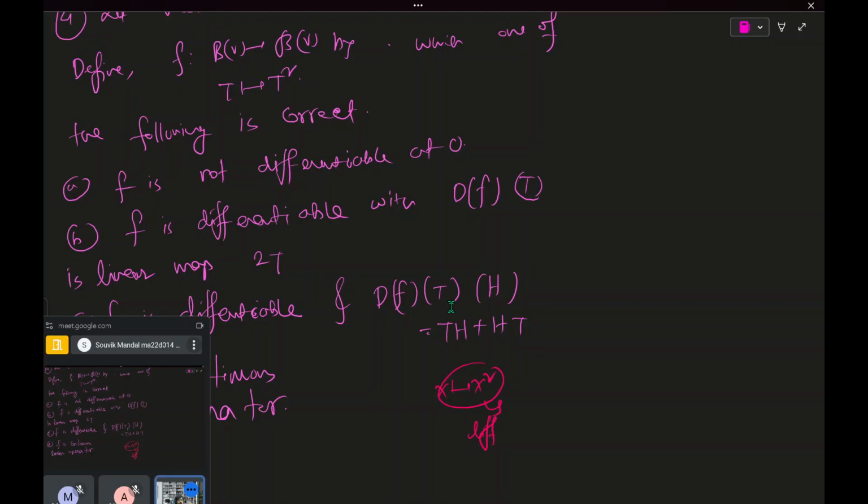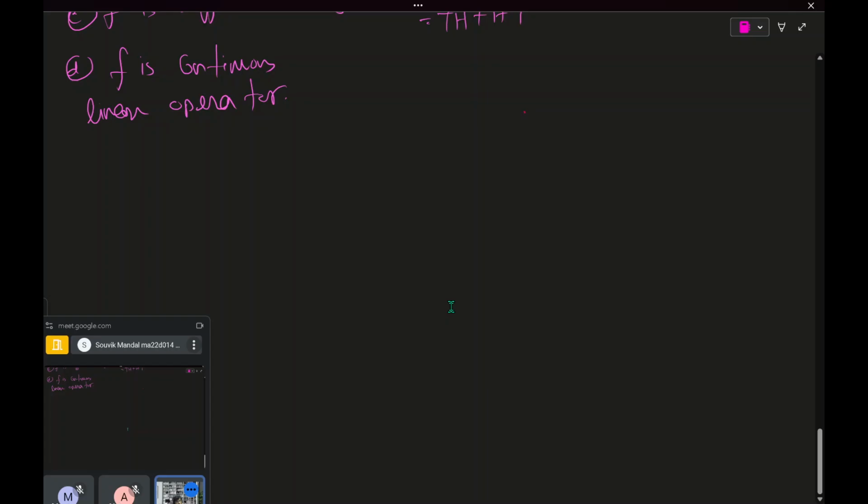Now in this situation, you need to understand which one is true or false. So the answer is C and D are true.